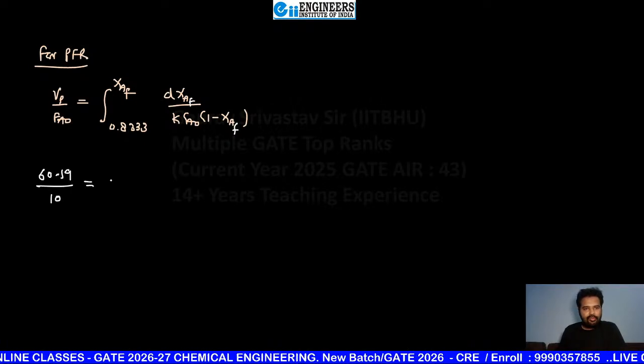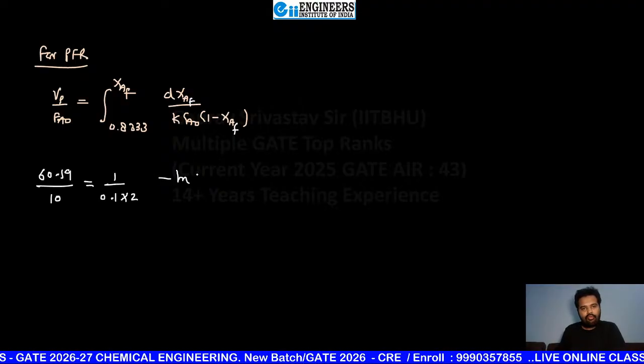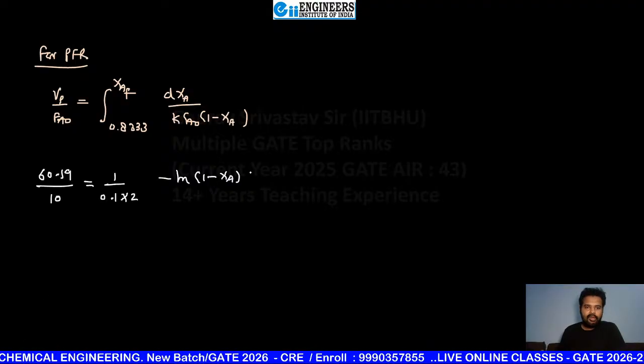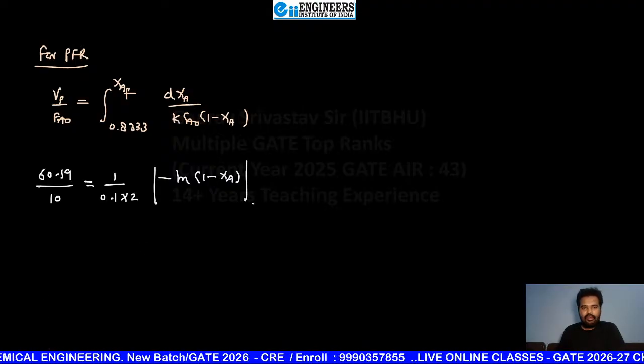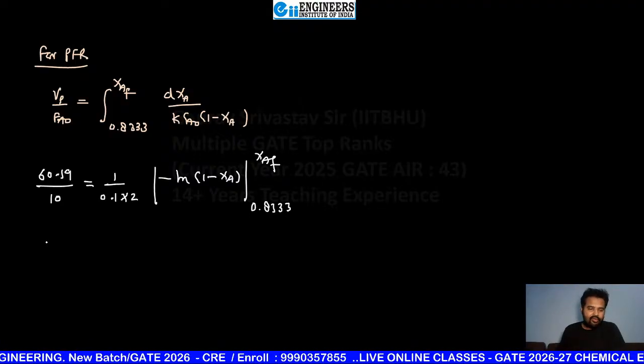That equals 1 by K, K is 0.1, CA naught is 2, and here it will be minus ln of (1 minus XA). We just write XA here, the limit will be 0.8333 to XAF.